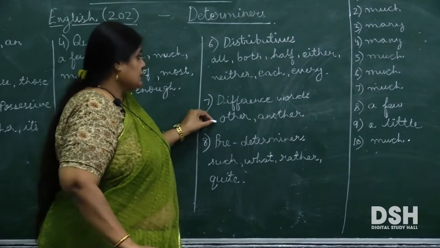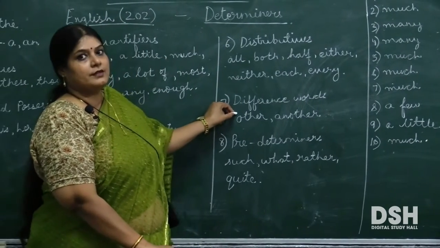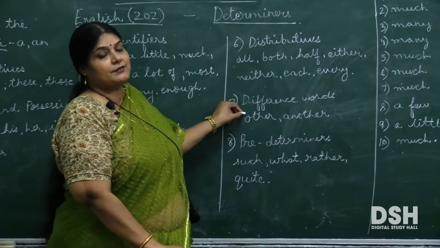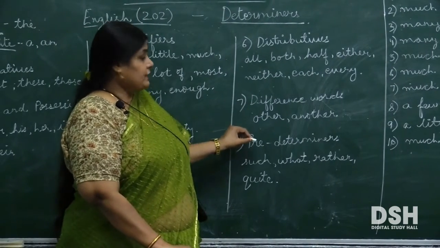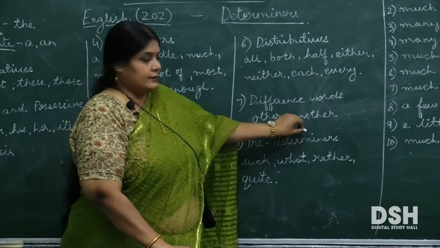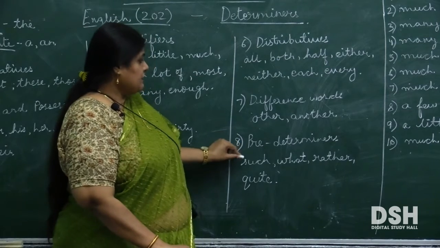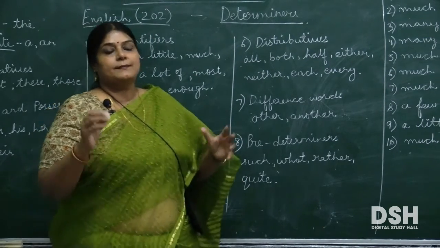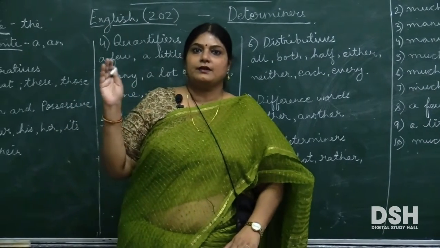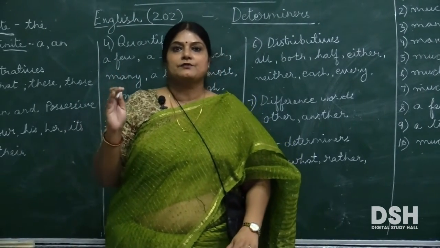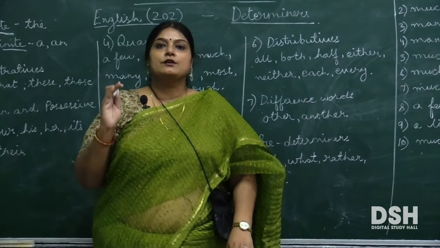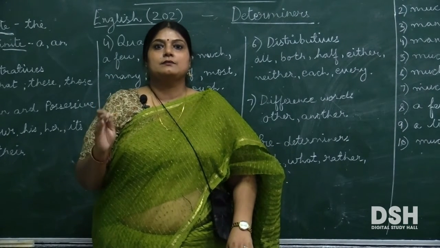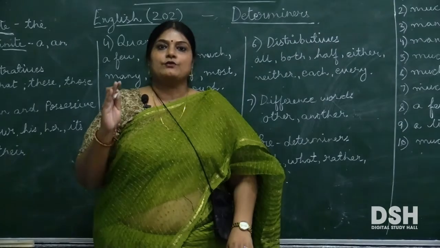Then for difference words, we use other, another. Predeterminers are such, what, rather and quite. So here is a complete list of determiners under different headings, as the types of determiners which you will use to solve the problems given in your question paper or for your practice.